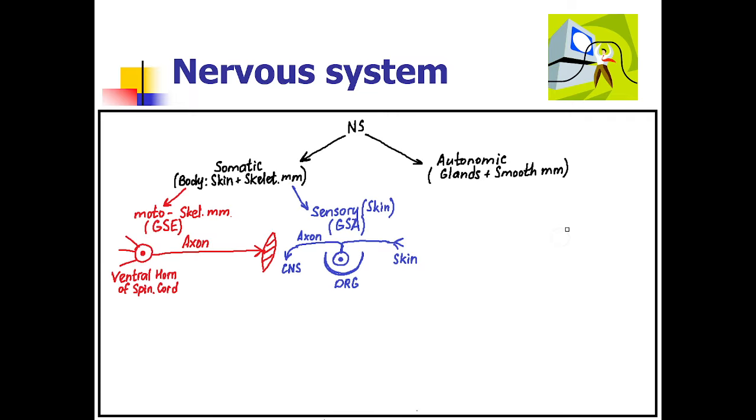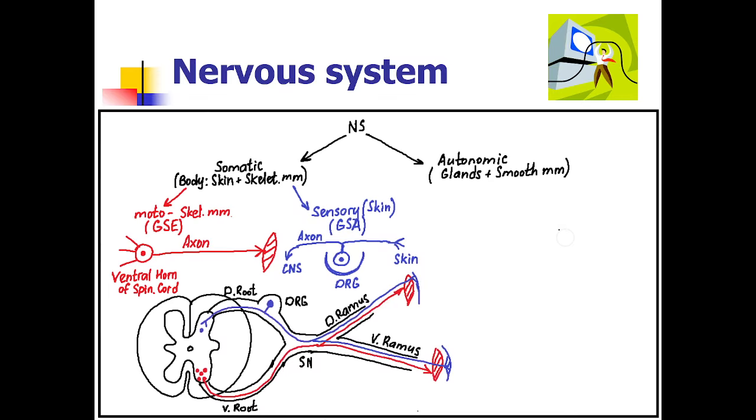Okay, now what I will do, I will combine my somatomotor and somatosensory into this next diagram. What you see is a cross section through the spinal cord. Help me here please. What is the name of this butterfly-shaped structure inside? That is my gray matter, and this gray matter means that it is composed of the bodies of the cells of my neurons, yes?